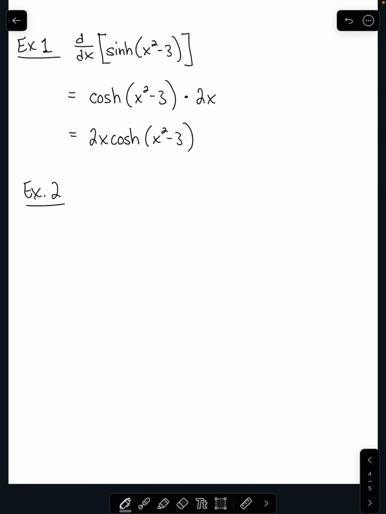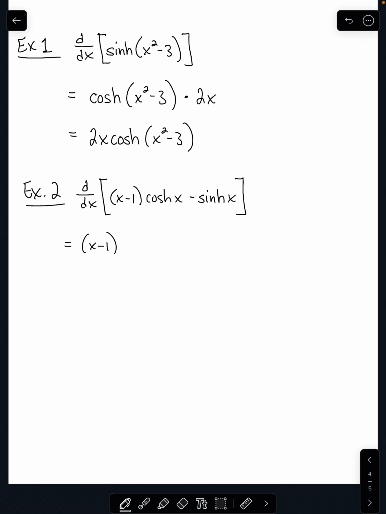Another example. Suppose we are looking for the derivative of x minus 1 times hyperbolic cosine of x minus hyperbolic sine of x. The first term of this is a product, which will therefore require the product rule. The first function is x minus 1, and that is multiplied by the derivative of the second function.